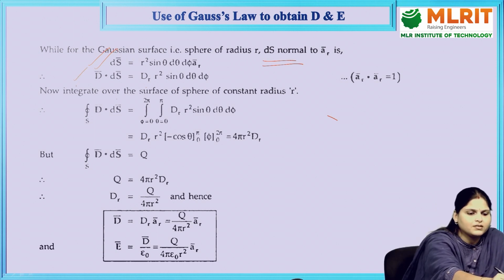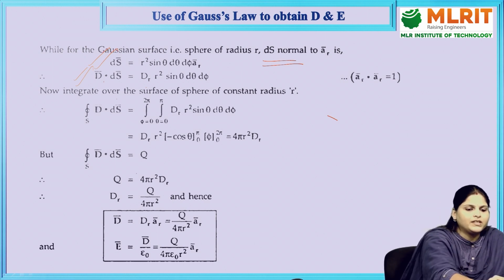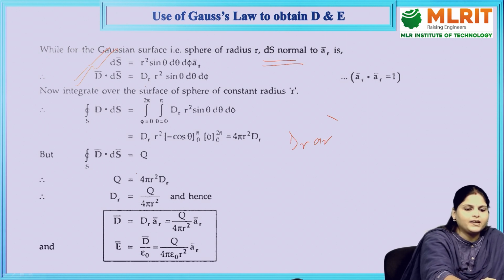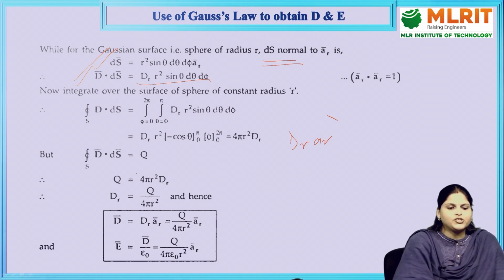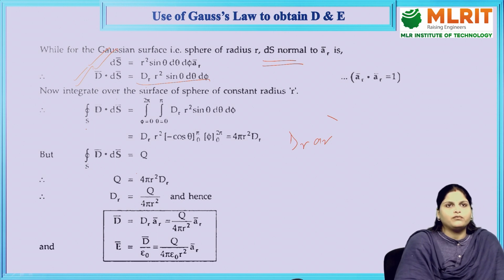Then we use D dot dS. In place of D we can write Dr aR. So when you put it, aR dot aR becomes 1, and here we get the formula Dr r square sine theta d phi. Now if we do the integration on both sides, here it becomes integration of D dot dS.